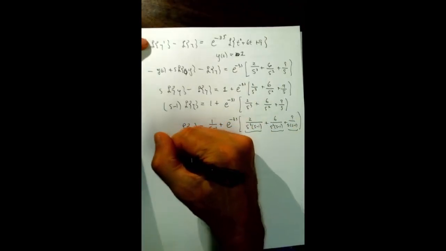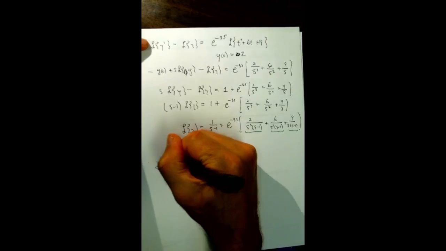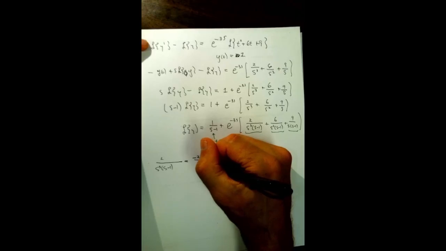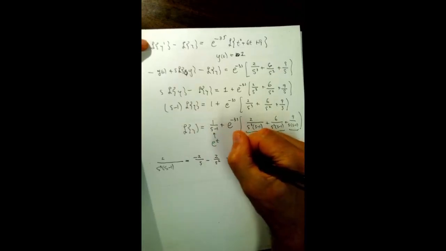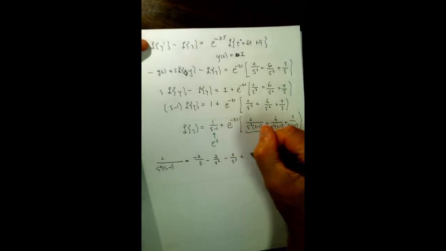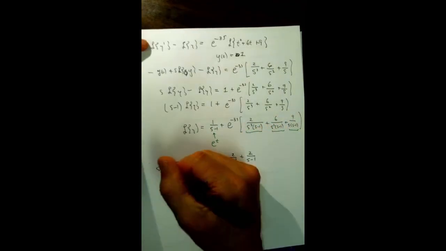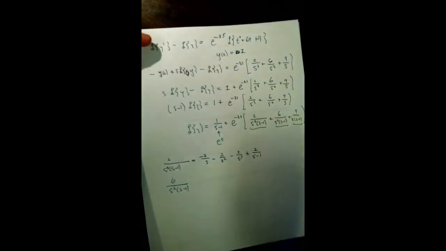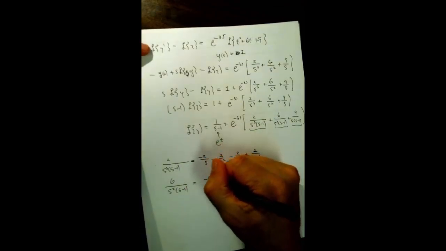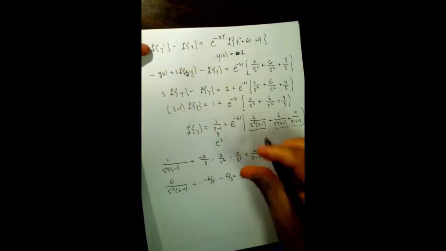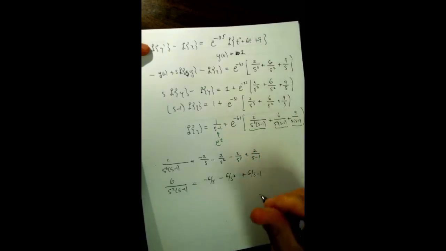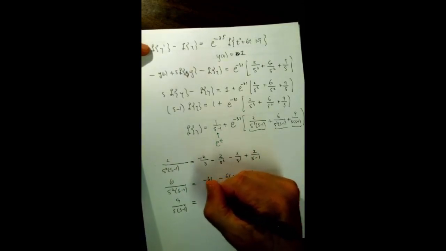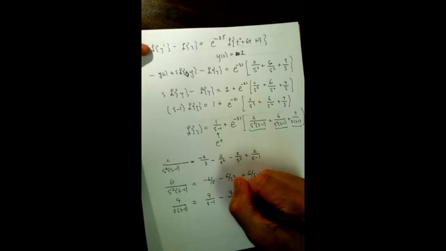So I have 3 functions. 2 over s cubed times s minus 1: my partial fraction expansion turns out to be minus 2 over s, minus 2 over s squared, minus 2 over s cubed, plus 2 over s minus 1. 6 over s squared times s minus 1 turns out to be minus 6 over s, minus 6 over s squared, plus 6 over s minus 1, and then finally 9 over s times s minus 1 turns out to be 9 over s minus 1 minus 9 over s.